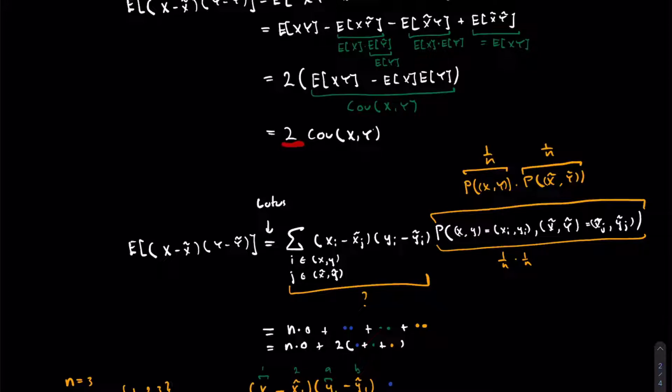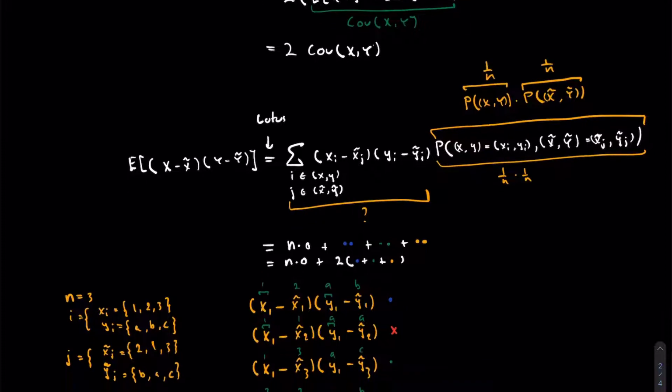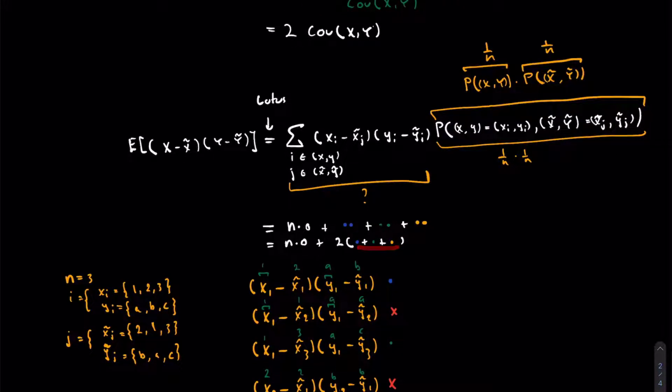This is where the 2 is coming from. We're adding things twice. And twice here, sorry. And the rest is the total signed area. That's the total signed area, meaning that it's all the area that gives some amount of covariance.